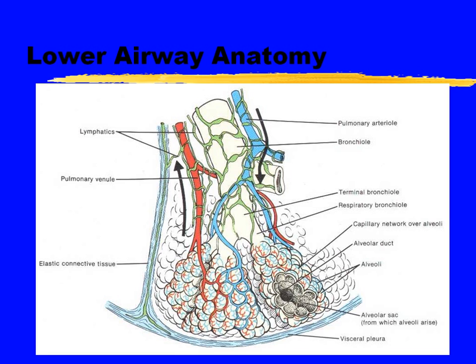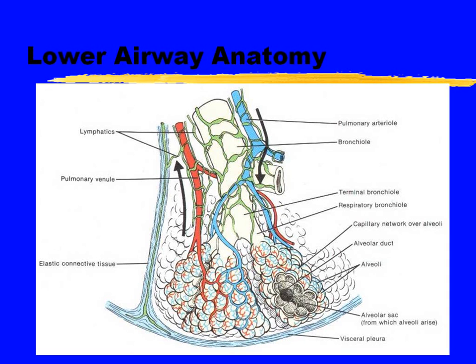So anyway, here's our lower anatomy. You have lymphoids. Understand this part right here is just the actual circulation to keep the alveolar sacs alive. This isn't the actual exchange of CO2 and O2 for the major circulatory system. Even arteries have their own little arterioles that supply them blood so they can get oxygenated.